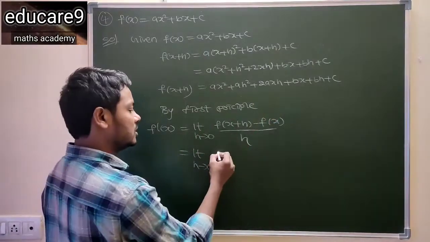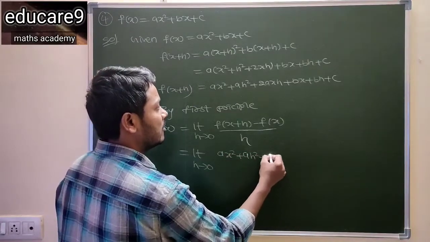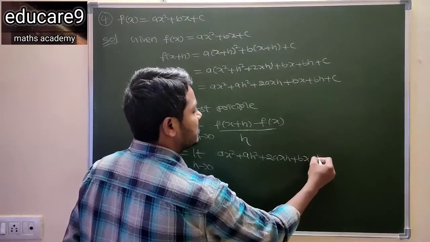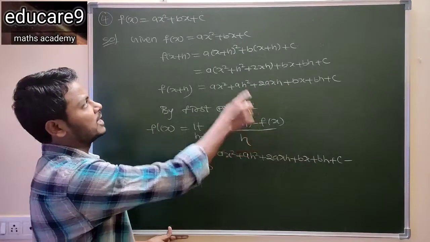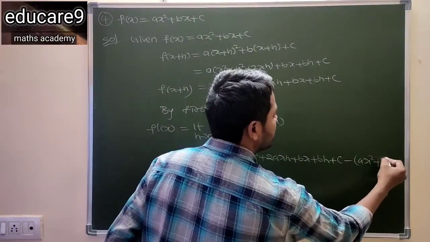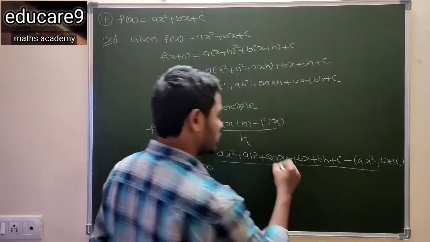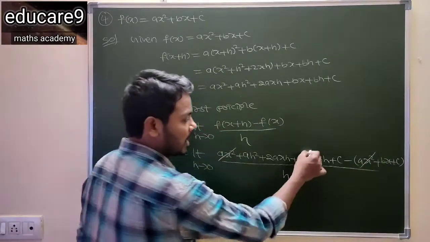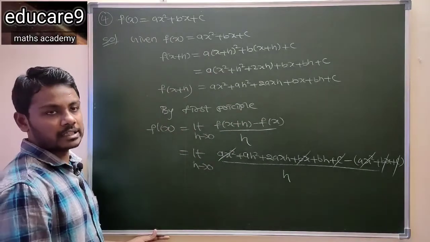This value, that is ax square plus ah square plus 2axh plus bx plus bh plus c, minus f of x, this one, that is ax square plus bx plus c, divided by h. So ax square minus ax square, plus bx plus c minus bx minus c gets cancelled.